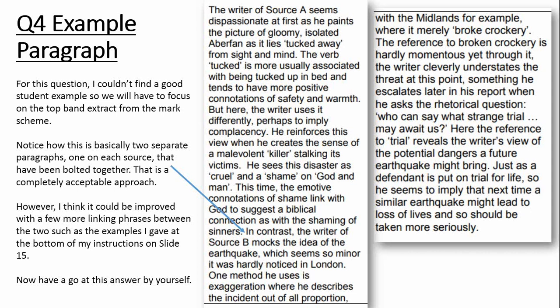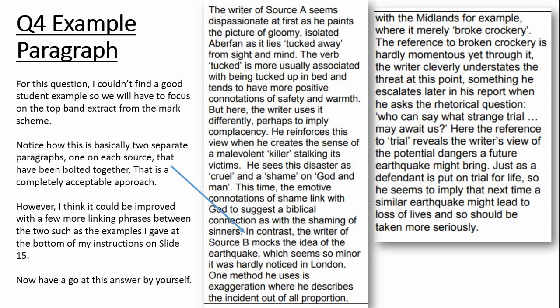However, one way I do think that this could be improved is with a few more of the linking phrases between the two, such as the examples that I gave at the bottom of my instructions on slide 15. So things like, as with source A, similarly to source A, or in contrast to source A, just dotted at intervals throughout the second half of this section.